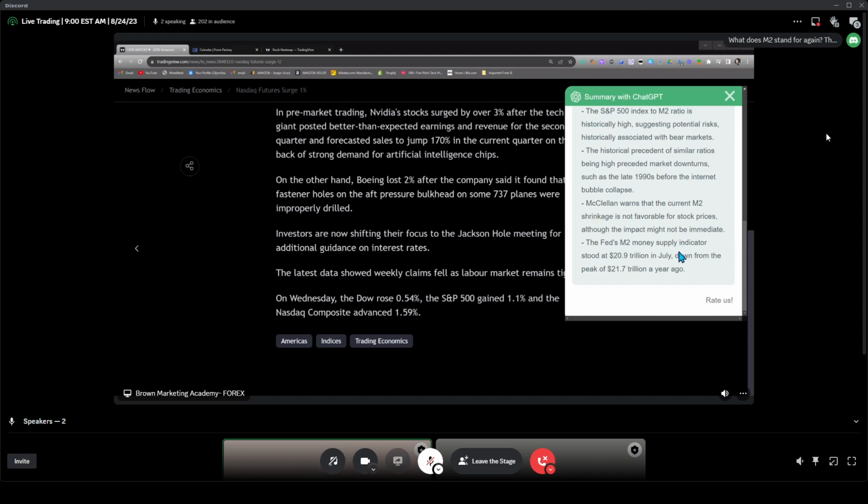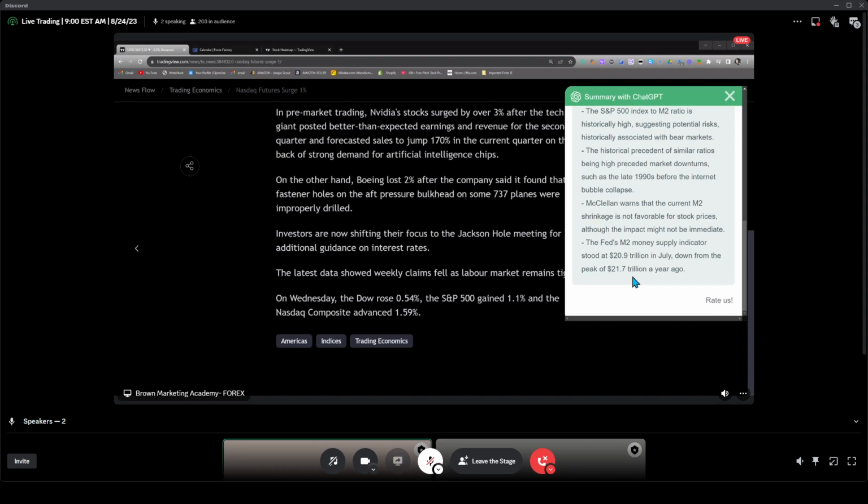The Fed's M2 money supply indicator stood at 20.9 trillion in July, down from the peak of 21. Okay, that is good. So, in this article, once we summarized it, we had 1, 2, 3 positive bullet points, and 1, 2, 3, 4, 5, 6 negative.